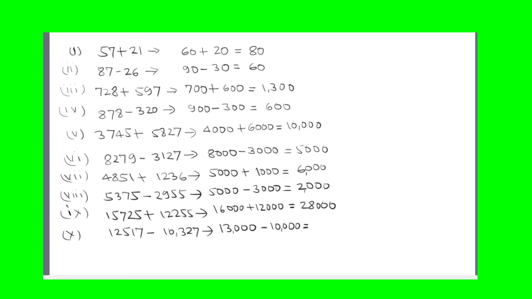So on subtracting, we get 13,000 minus 10,000 equal to 3,000. This way we can round off to the nearest 3-digit or 4-digit numbers, and we can get the correct estimation of our questions.